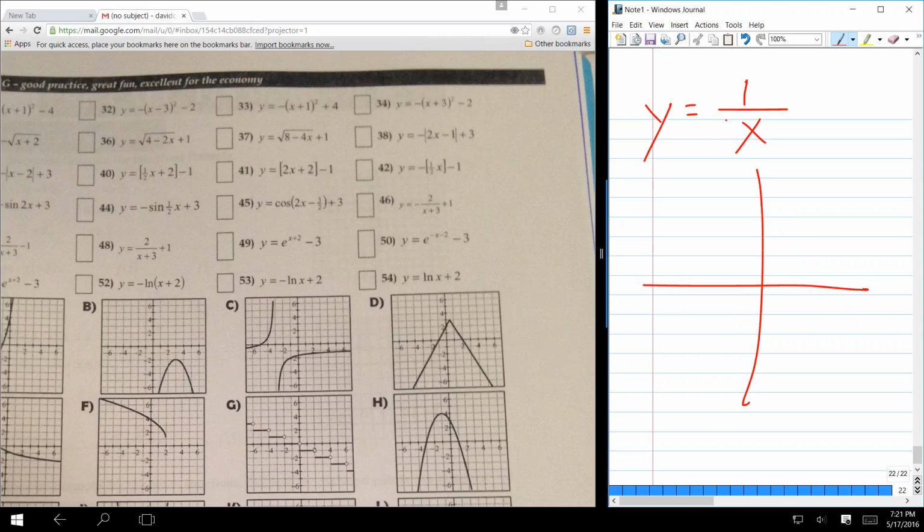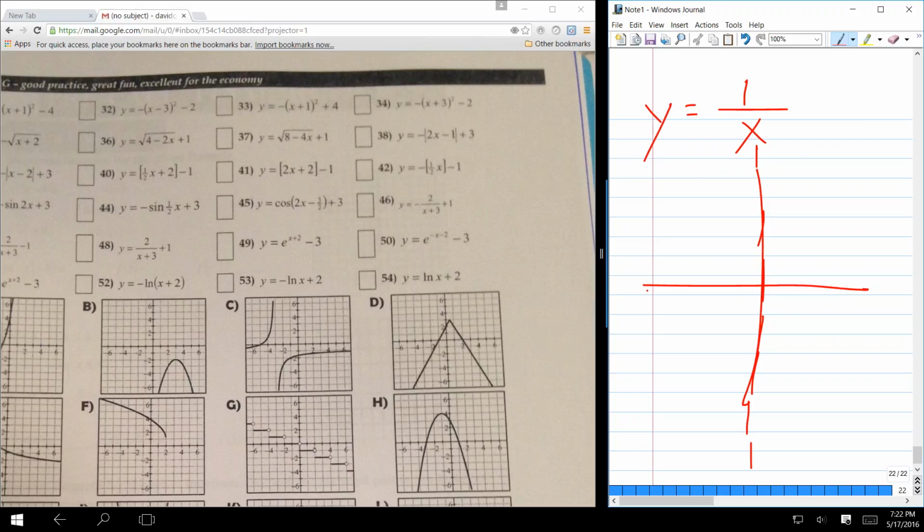With the basic one, where is it? The vertical asymptote is where? Is at -3. No, the basic one, this one here. Oh, it's at 0.